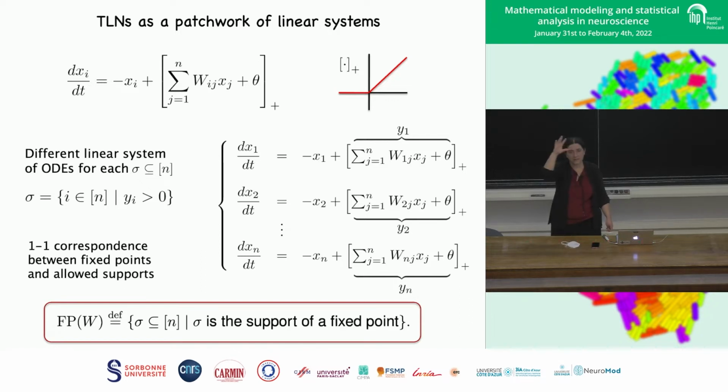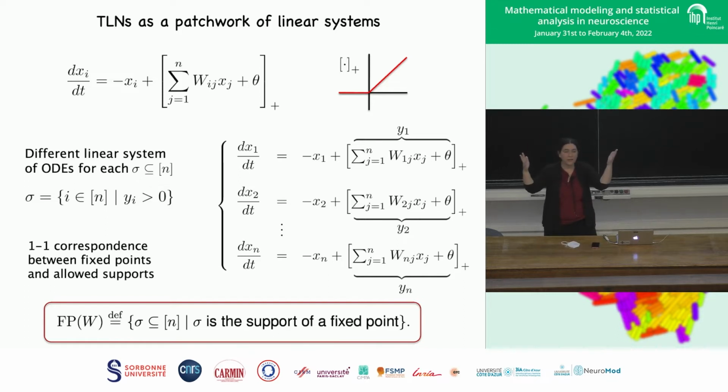We require a non-degeneracy condition on our W matrix, so every one of those linear systems has a single fixed point associated to it, but that fixed point may or may not reside inside the chamber where the linear system is governing the dynamics. Only if it does is it a fixed point of the entire system.